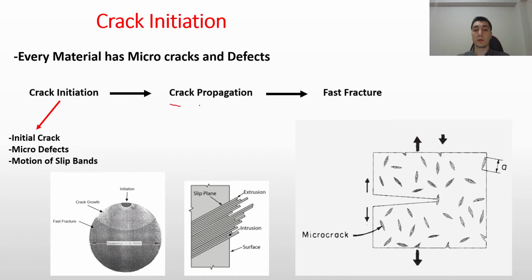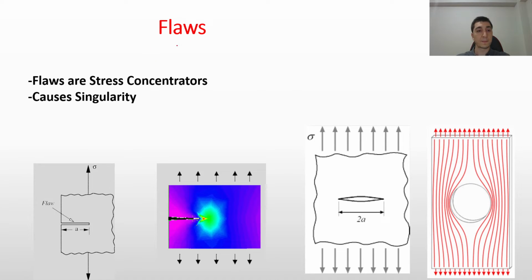So here, this is our object, crack propagation. Flaws, also known as cracks, are stress concentrators. You can see it here. This is the crack tip and stress is higher here.